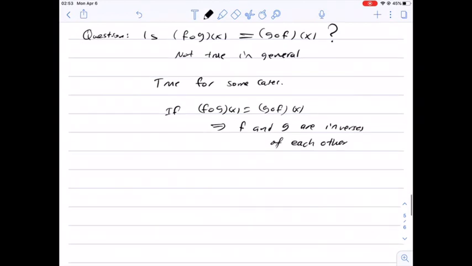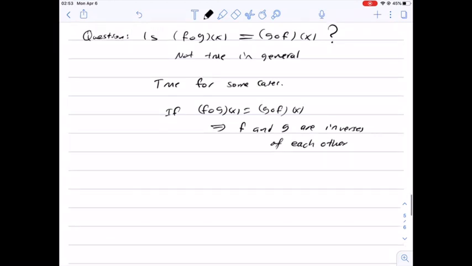So now let's take another example. Let's take an example of this function. We are given the composition here, the composite of the two functions.